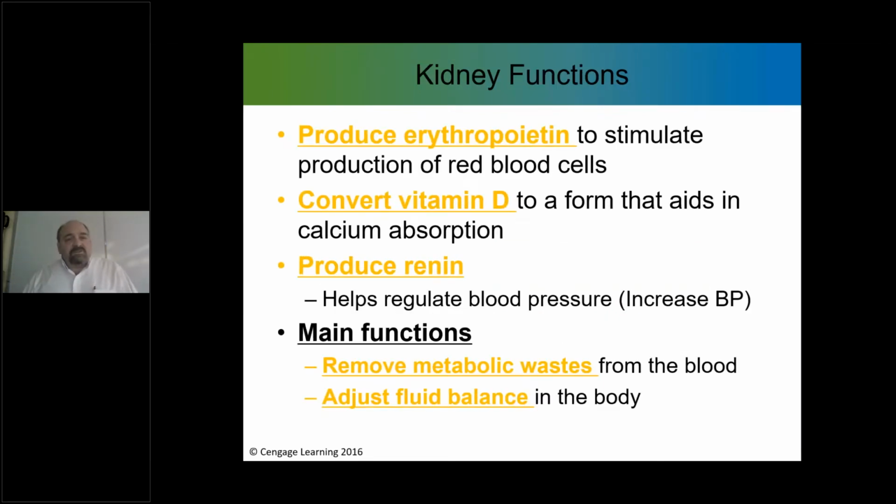So kidney functions, what are some of the kidney functions? As we've looked at with each of the different body systems, what's the function of the system? So the primary function for the kidneys, you'll see at the very bottom, is to remove metabolic waste. So remove waste products and adjust the fluid balance right here.